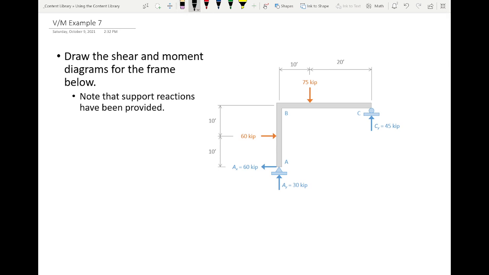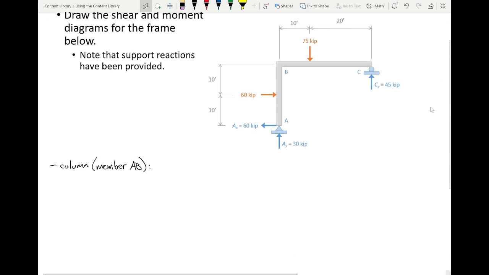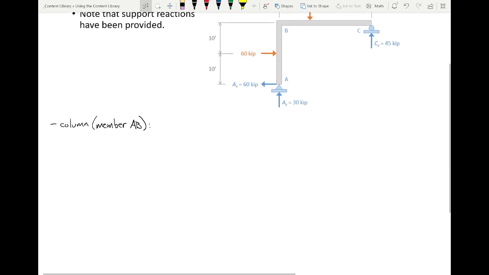So let's look at the column, or member AB, okay? And so what I'm going to do is samurai sword or lightsaber right at B, and we'll say I'm looking down. Okay, so here we go.